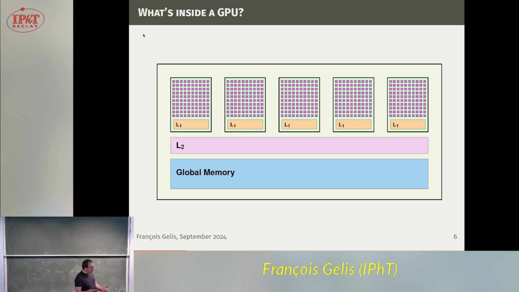But compared to a normal CPU, there is a larger fraction of the area of the chip which is used for computing cores and much less for the logic. That's why the scheduling possibilities of the task are much more constrained than what you would have on a CPU.